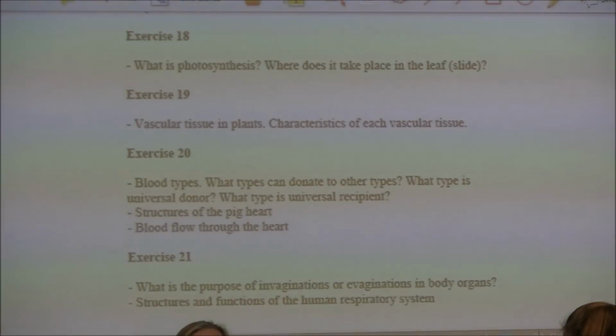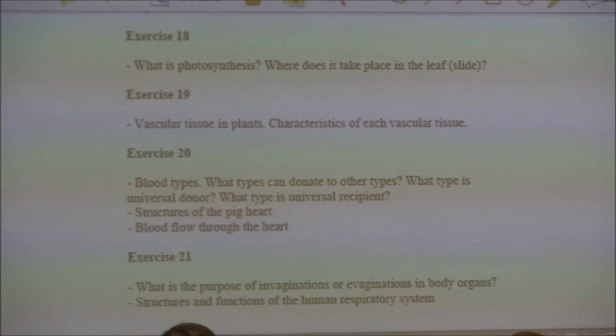In the chloroplast, but where are the chloroplasts located? What part of the leaf? That's what I'm asking you. No, the one that starts with the M. Mesophyll. The mesophyll.